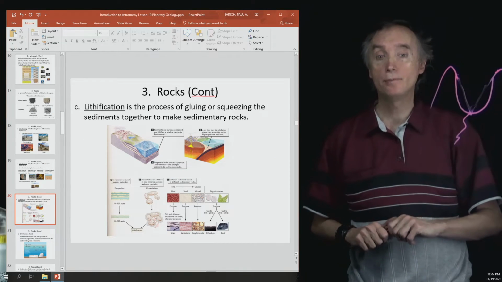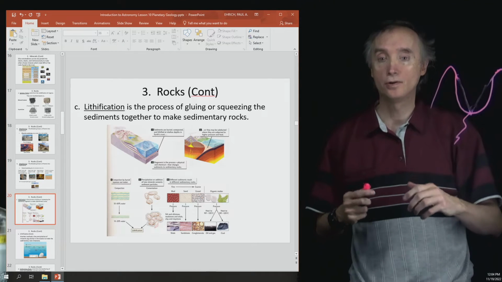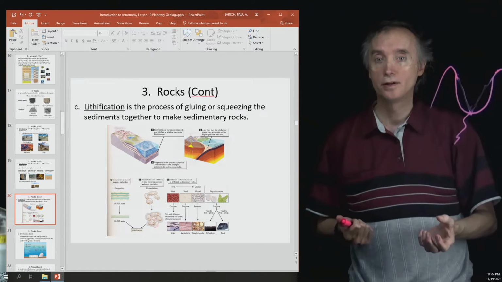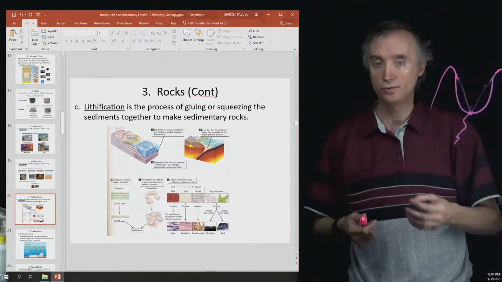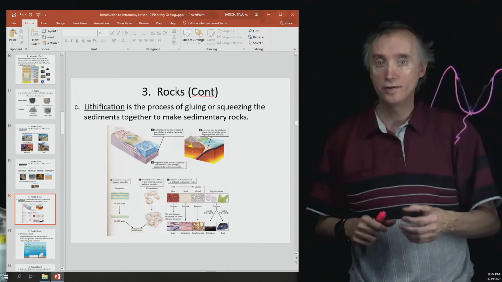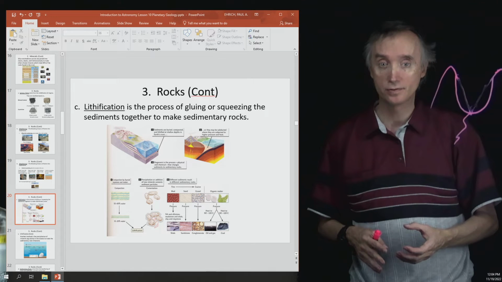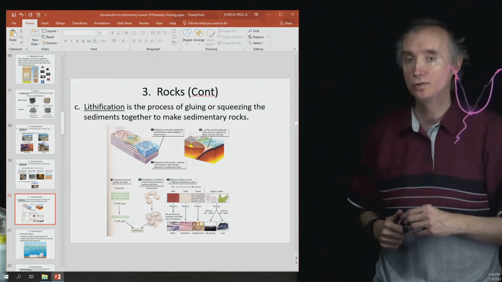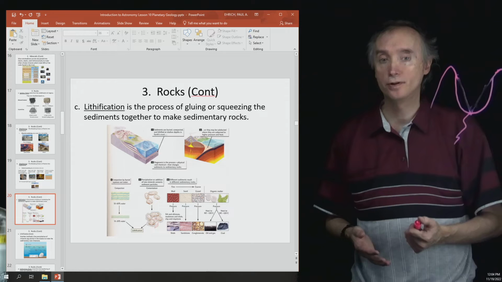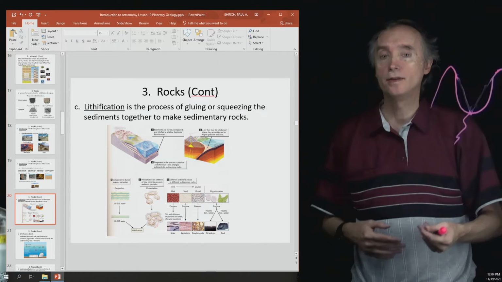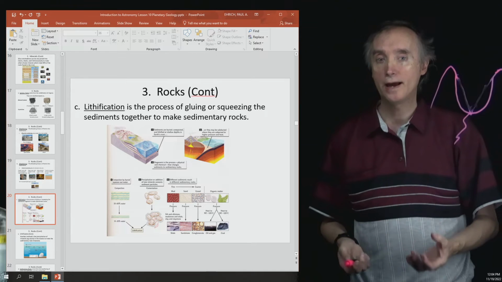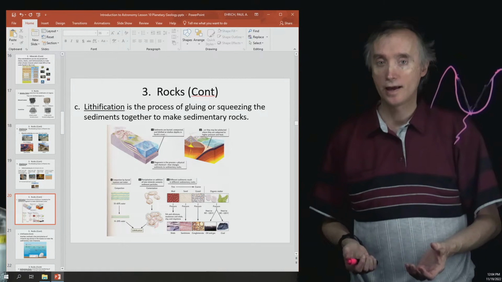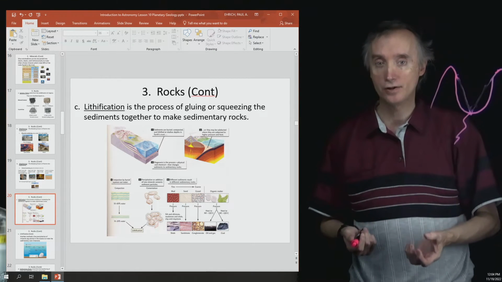Okay, now what happens to those sediments? Once we have broken the rock apart into parts, what then happens to those sediments? Normally they're going to be transported in a river, and then they end up in a lake or an ocean where they are compacted together, and we call this lithification.